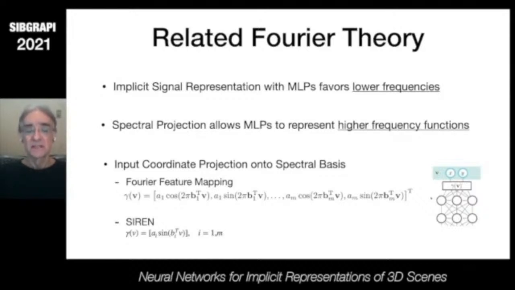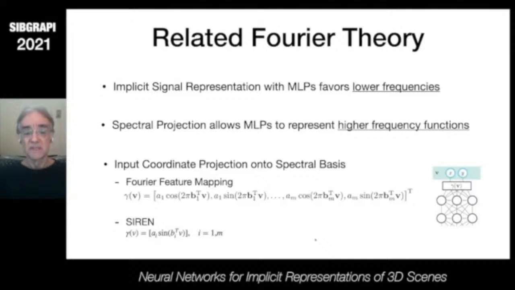On the other hand, this same theoretical result shows that if we do spectral projection with the inputs to the network, this allows the multilayer perceptron to represent higher frequency functions. And this is typically done using Fourier feature mapping, where we project on the Fourier basis itself, or in the case of the Siren, we project in the sine basis.